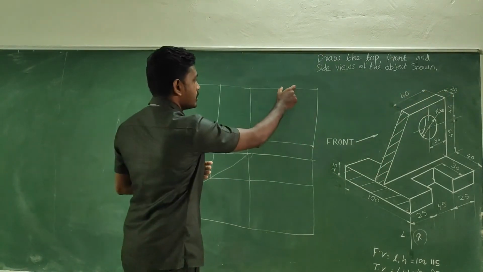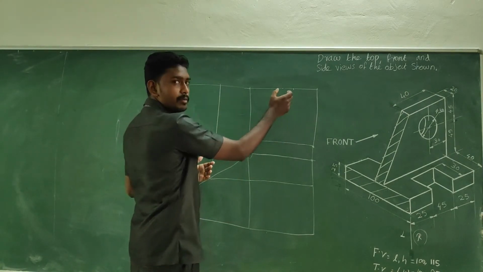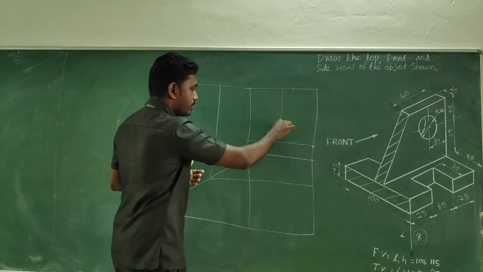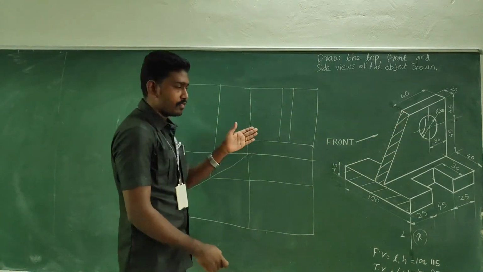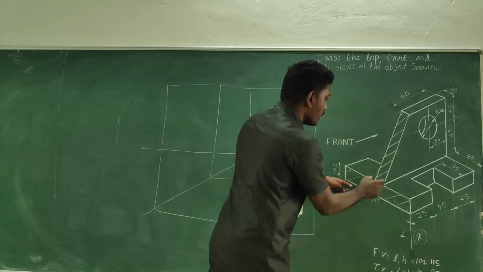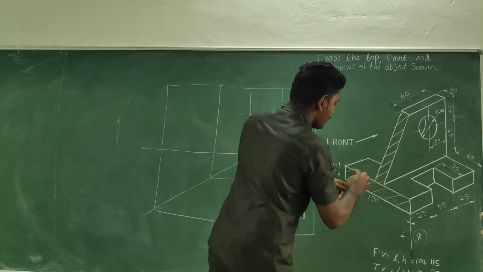It's 20. Measure 20 from this end and place a point. If you drop a line, you get this vertical face. So the bottom base is visible, and this face is visible as well. These are all visible edges.